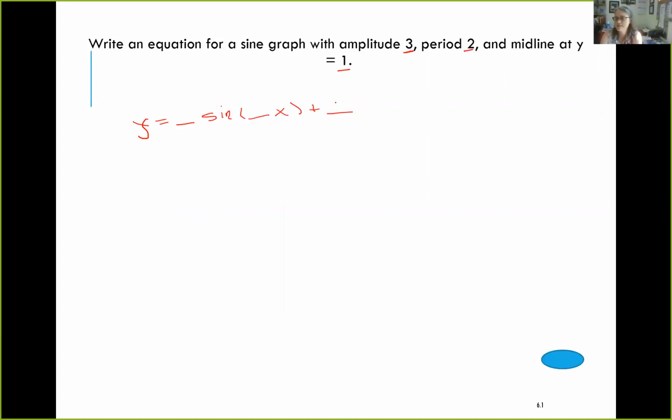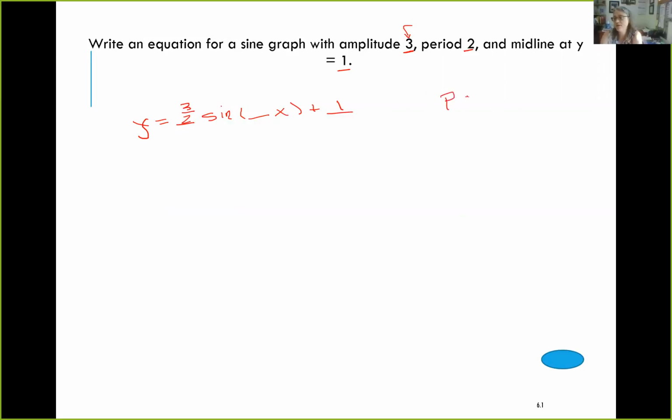This last one gives us the midline, so there's a 1. The amplitude is 2 times whatever we multiply out here, so this will be 3/2.